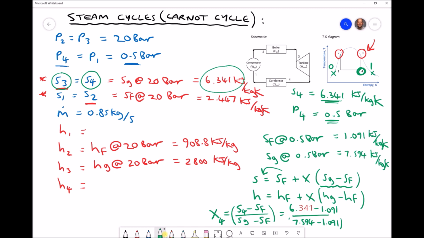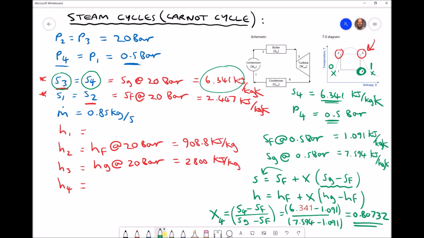Now that gives us a dryness fraction for the steam at position 4 equal to 0.80732, accurate to 5 decimal places.